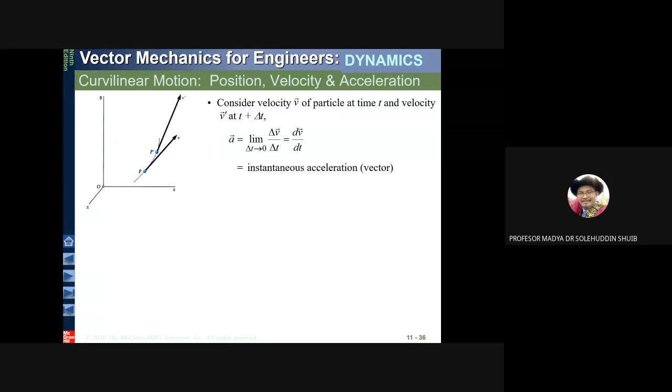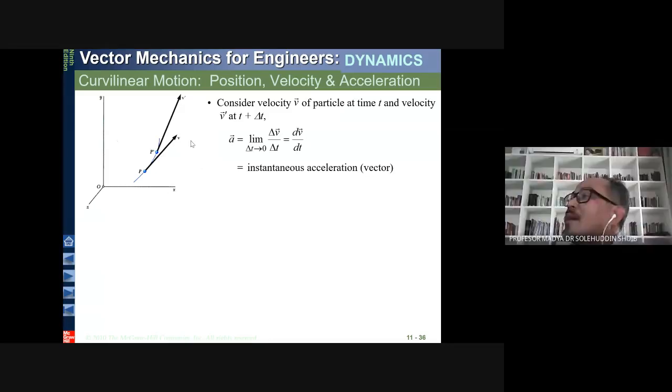We can find the acceleration, which is dv dt. This is what we call instantaneous acceleration. Now you can see the difference, instantaneous acceleration is a vector.